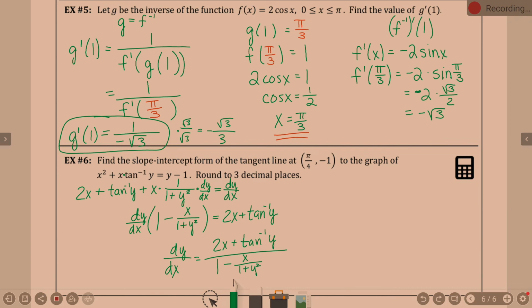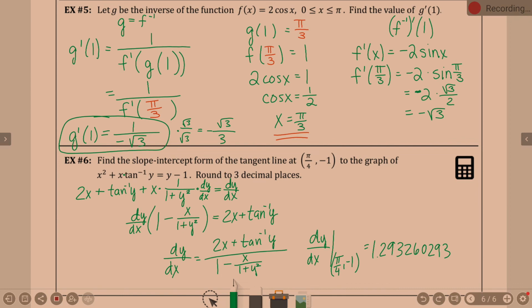And then what do you have to do? Take that and evaluate it at pi over 4, negative 1. I'm going to write down the value that I have because we are running out of time. 1.2932609293 is what you would get once you plugged all that loveliness into the calculator.